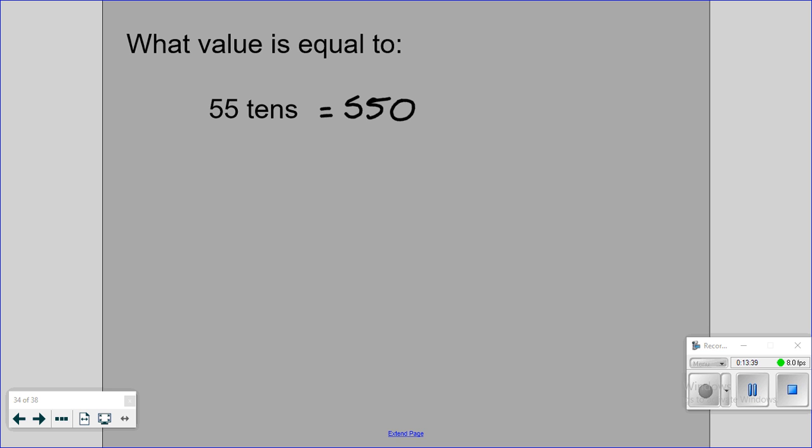Because I have 55 what? Not ones. 55 groups of 10. 55 10 rods. If I was counting by ones, 55 ones, easy peasy, 55 would also be my value. 55 times 1. Oh, yeah. I know what you meant.